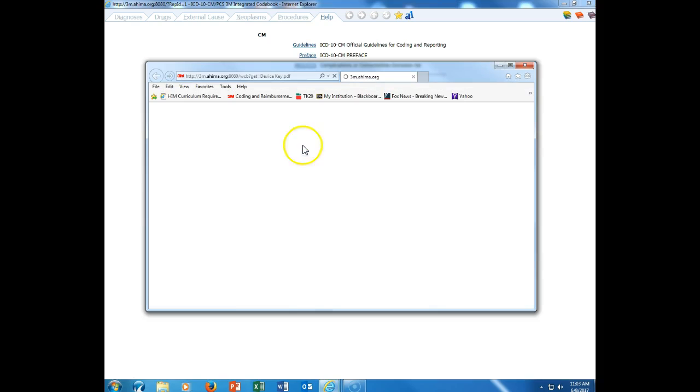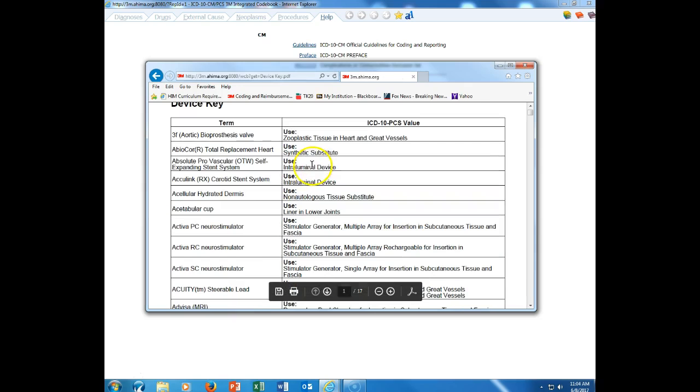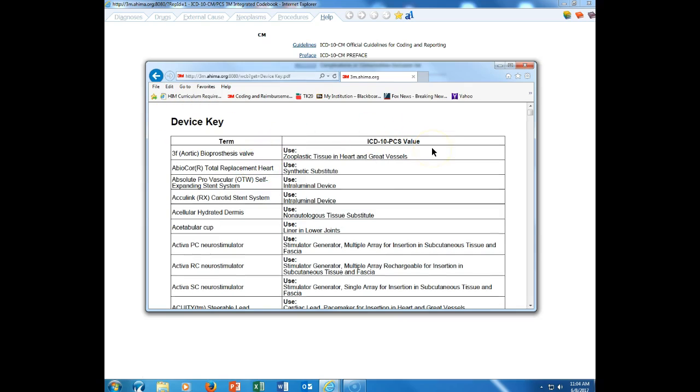There's a device key, which has specific types of keys listed, and it tells you what device character you should choose in PCS.